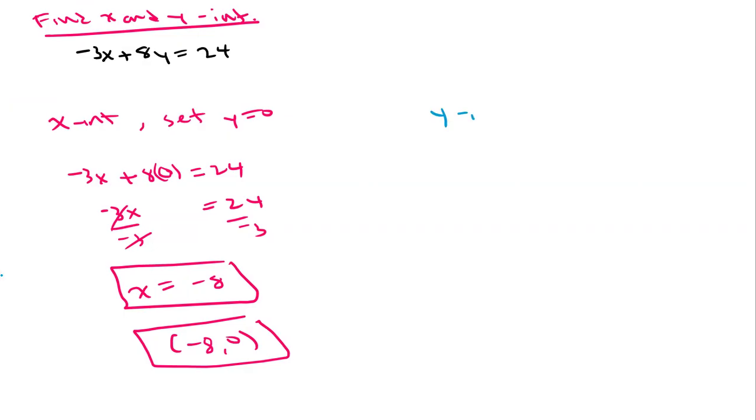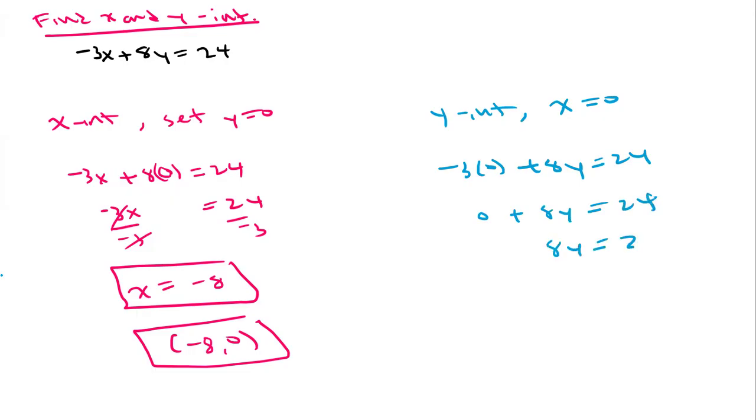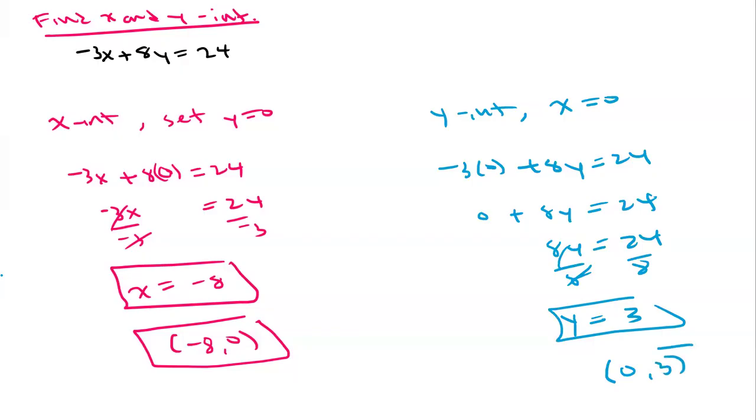So for the y-intercept, x equals 0. We have negative 3 times 0 plus 8y equals 24. That's 0 plus 8y equals 24, which gives me 8y equals 24. Then divide both sides by 8. So y gives us 3, or 0, 3.